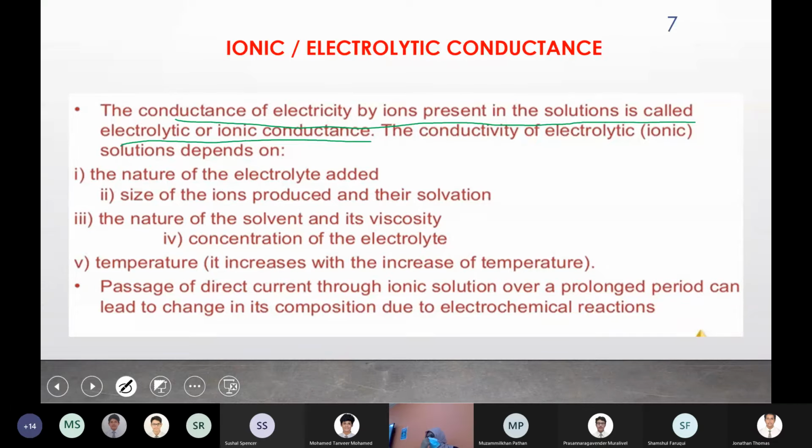But in solution, we know that it conducts electricity because of the movement of ions. That is why we know it as ionic or electrolytic conductance, because the electricity is transferred through the electrolyte due to the movement of ions. But if you take a piece of copper, the movement of electricity is because of the transfer of electrons, the electronic movement.